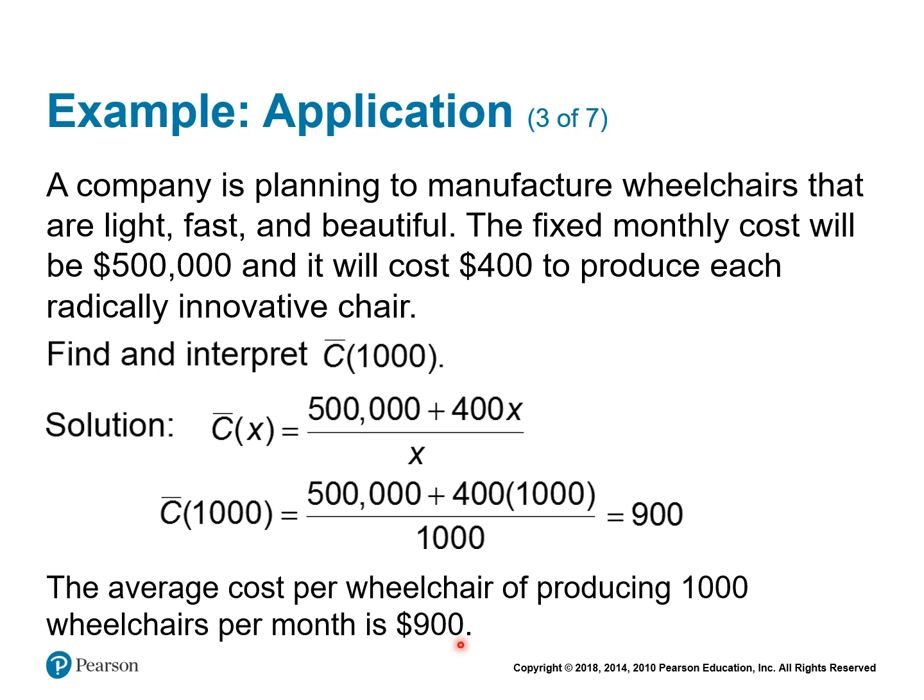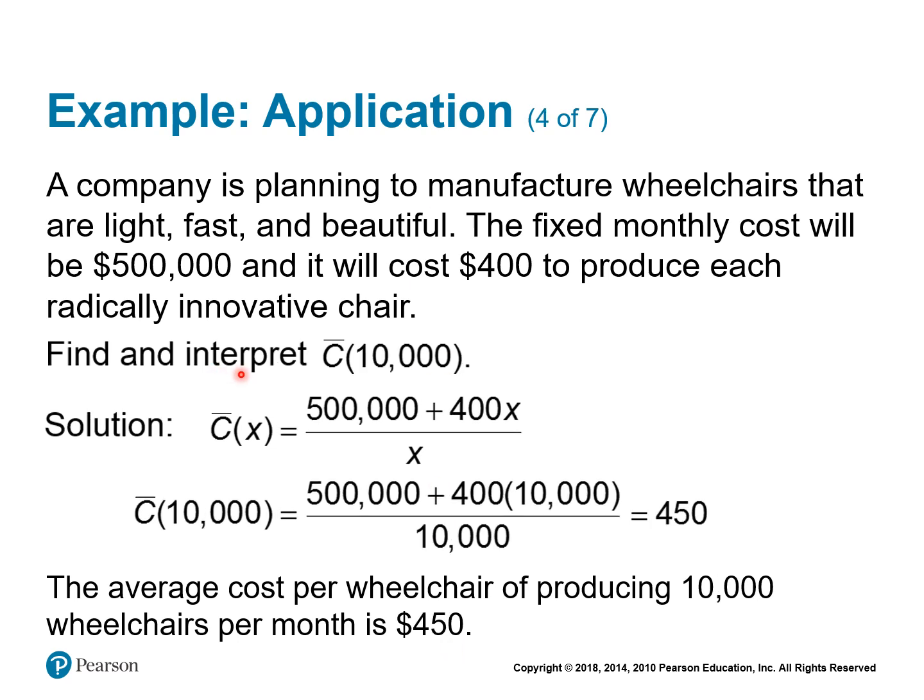So that's the average cost, all right? So part 3 said find the average cost of 1,000 chairs. Now it says find the average cost of 10,000 chairs. So again, this time we have to plug in 10,000 for wherever there's an x into the average cost function, and we come up with $450.